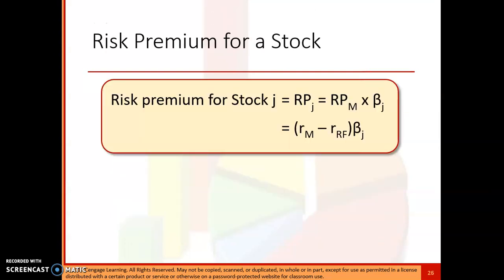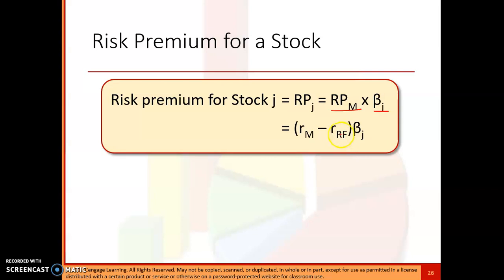The risk premium for a stock is simply the risk premium on the market multiplied by the beta for that specific stock. In this case, it's stock J, so beta J multiplied by the risk premium for the market. It's also beta J multiplied by the return on the market minus the risk-free rate.